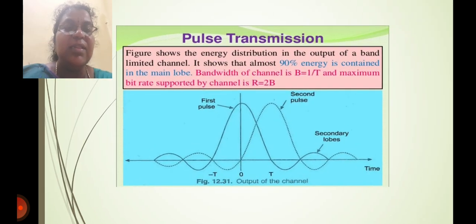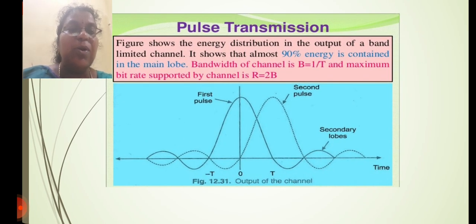Here the figure shows the output of a channel when the pulses are transmitted one by one. This is the first pulse which is dispersed like this, and this is the second pulse. It is also dispersed like this. The dispersion of these pulses will cause an interference or residual signals, and this is what is called intersymbol interference.